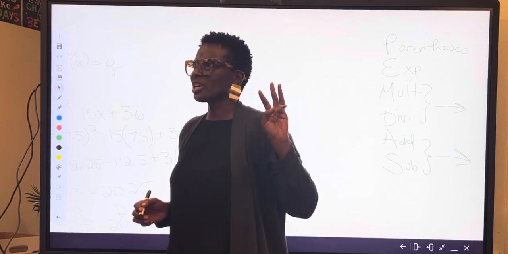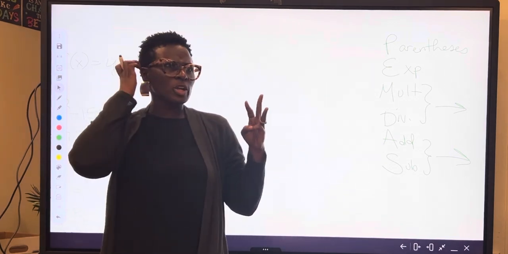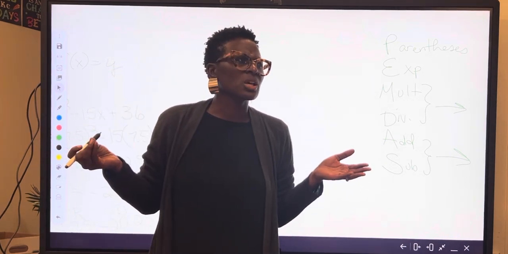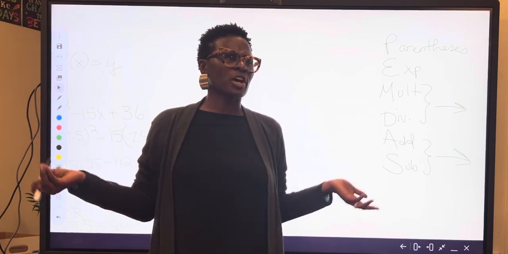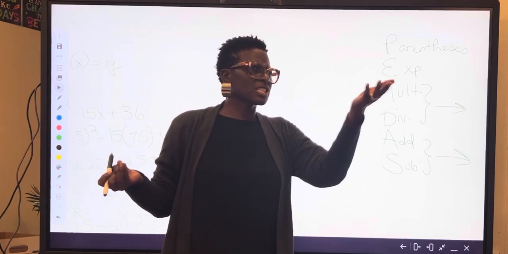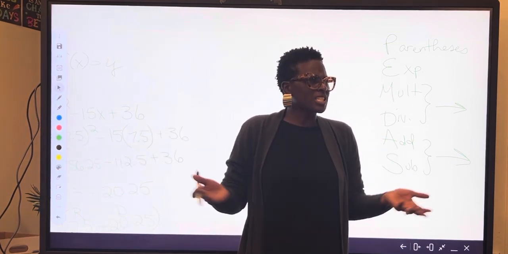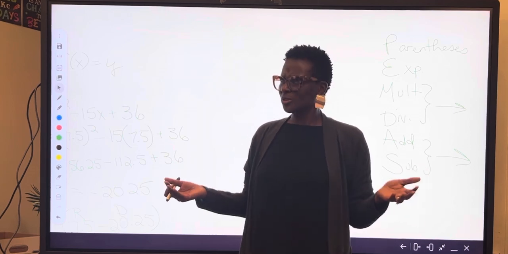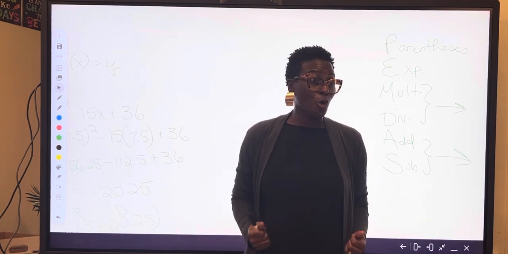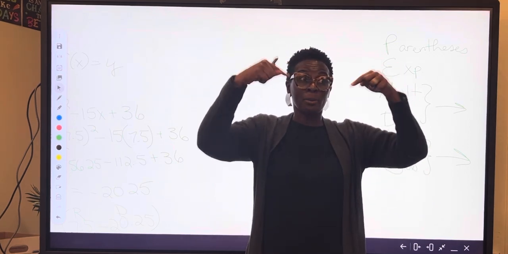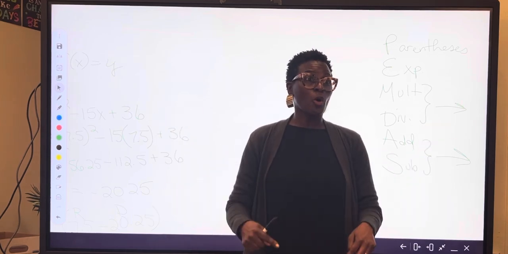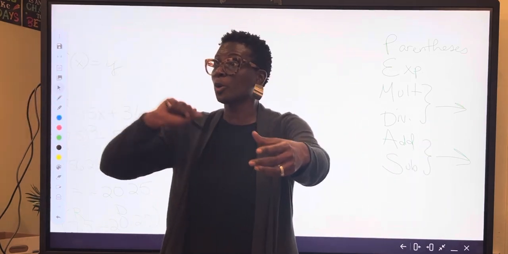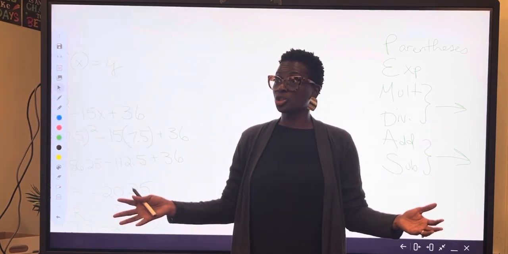In factored form? What are the solutions to a quadratic function? It's your x-intercepts. So which one do you see x-intercepts in? Factored form. If I give you solutions, you should be able to write a rule for me in factored form. If I give you factored form, you should be able to pull your solutions from it, right?